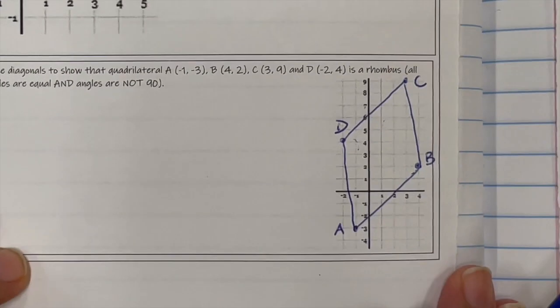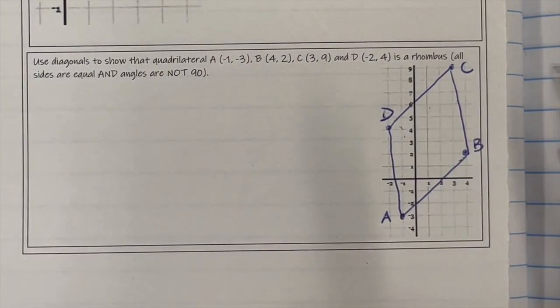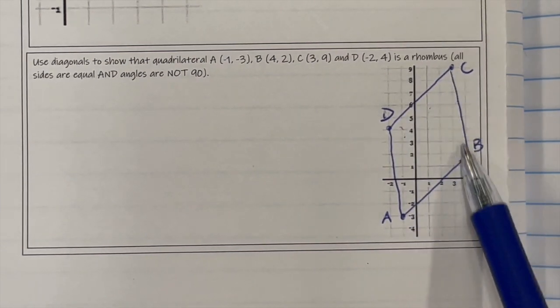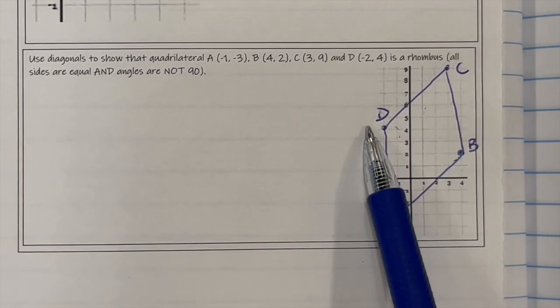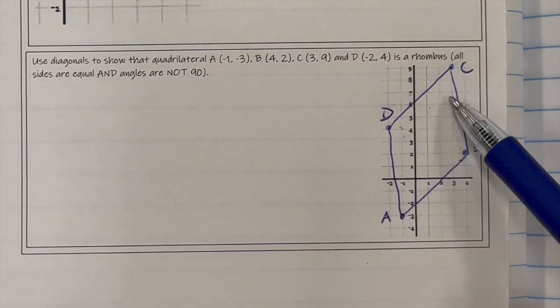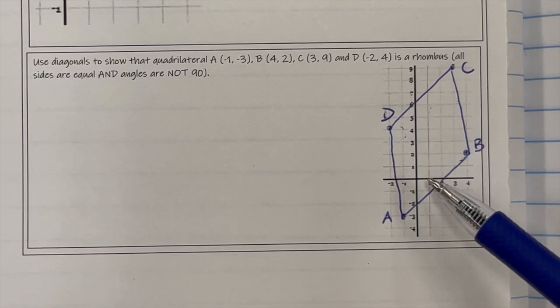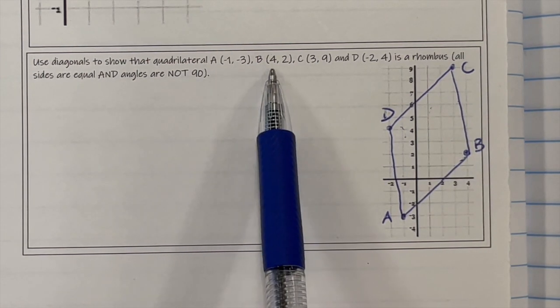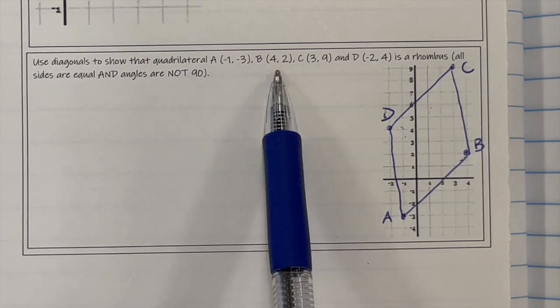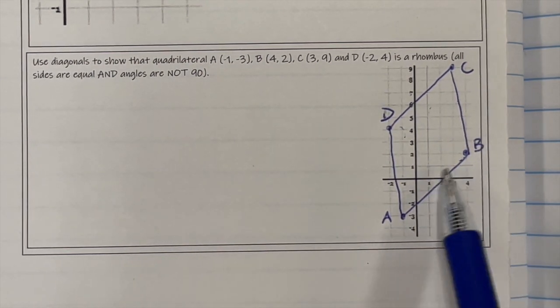What formula do we need to prove that all sides are equal? Like this side is equal to this side is equal to this side is equal to this side. Well, you should say the distance formula or Pythagorean theorem. Anytime it's in a coordinate plane, I'm going to do Pythagorean theorem because it's faster. But if you want to label x1, y1, then x2, y2, by all means do that. For me, I'm going to stick to Pythagorean theorem when I'm in the coordinate plane.